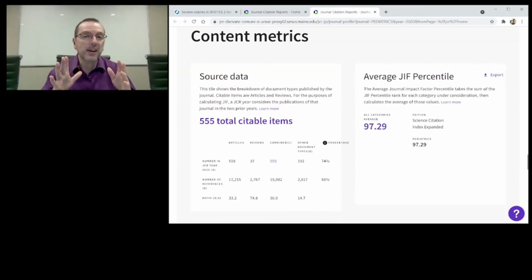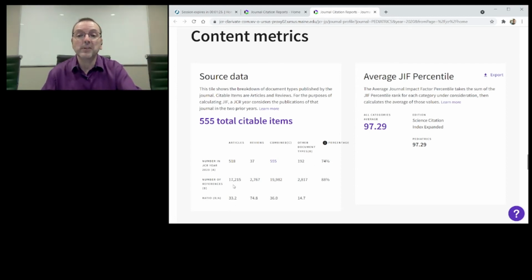And then it shifts gears a bit and gives us information about what's happening in the journal this year, the nature of articles and items that they're publishing. So we see here under source data that in the year 2020, Pediatrics published 518 articles, 37 reviews, and 192 other types of documents. It gives you the percentage of each.